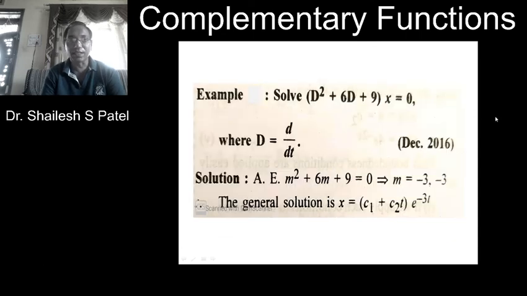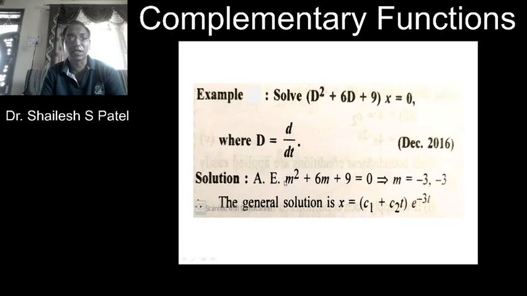But here in this example x will act as the dependent variable, and we are already given that capital D equal to d by dt, meaning t is the independent variable. So we will obtain the solution in the form of x equal to a function of t. Only the variable change is here, nothing else is different.